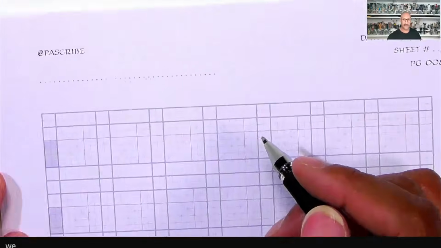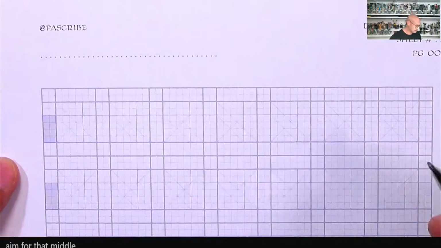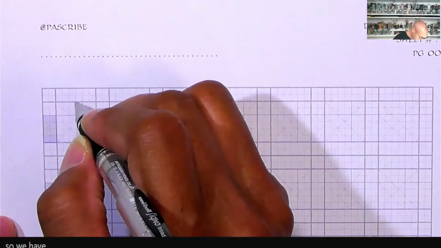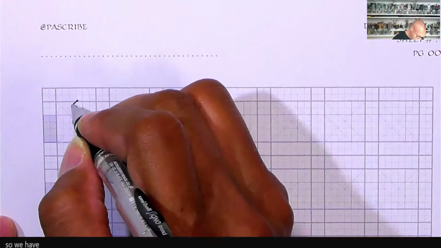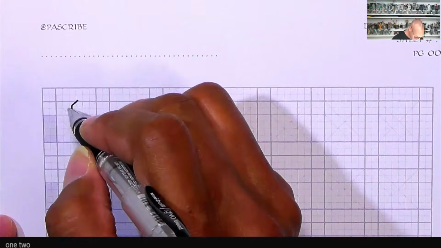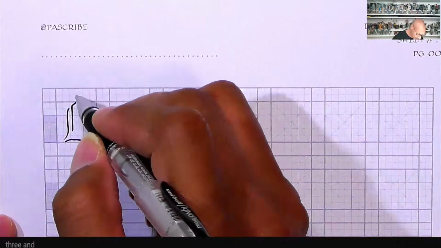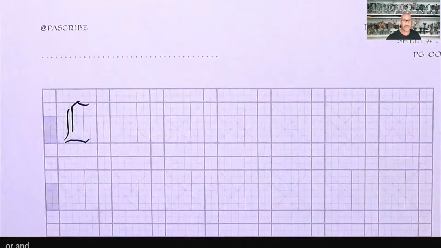So we're starting with the first group, which is L, I, and J. Remember, aim for that middle. So we have 1, 2, 3, and 4, and 5.